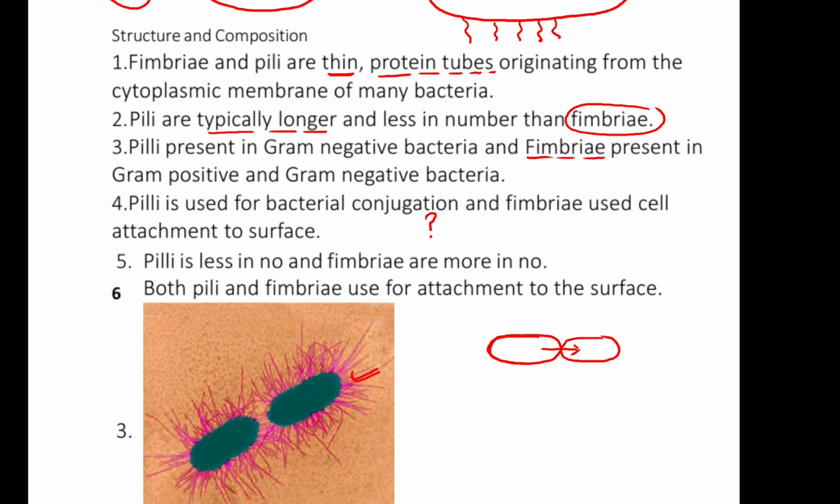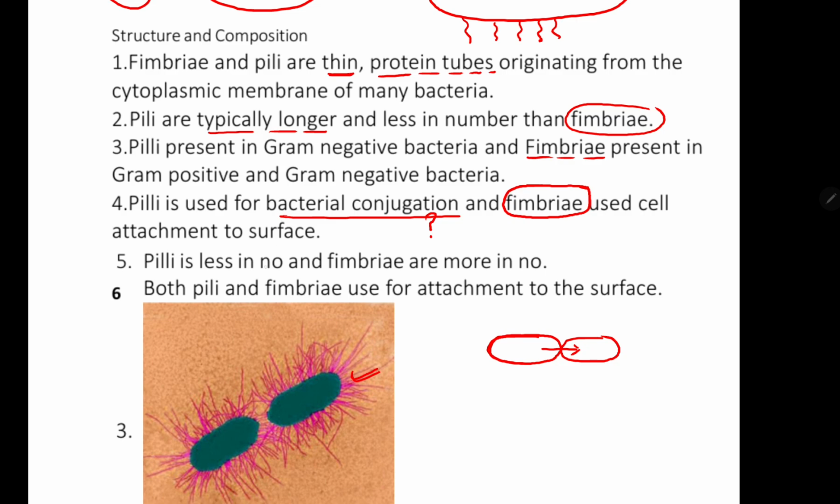Pilli is used for bacterial conjugation, and Fimbria is mainly used for attachment to the surface. Both have the basic function of attachment to the surface, but in particular function, Pilli is used for bacterial conjugation and Fimbria is used for cell attachment to the surface.